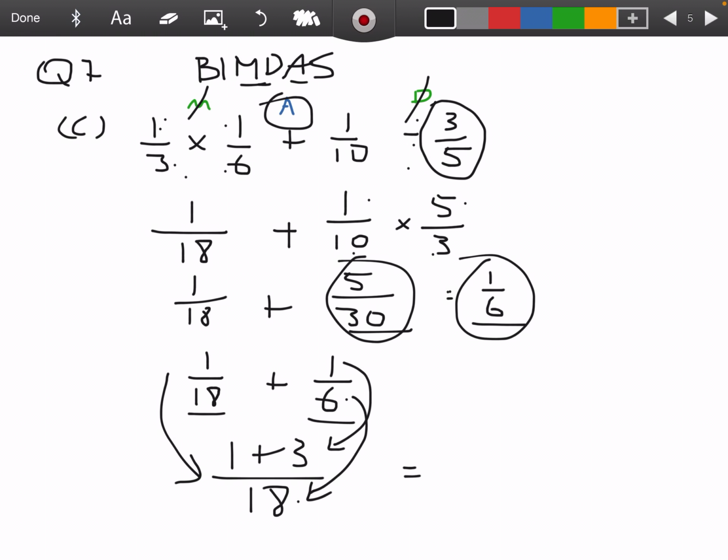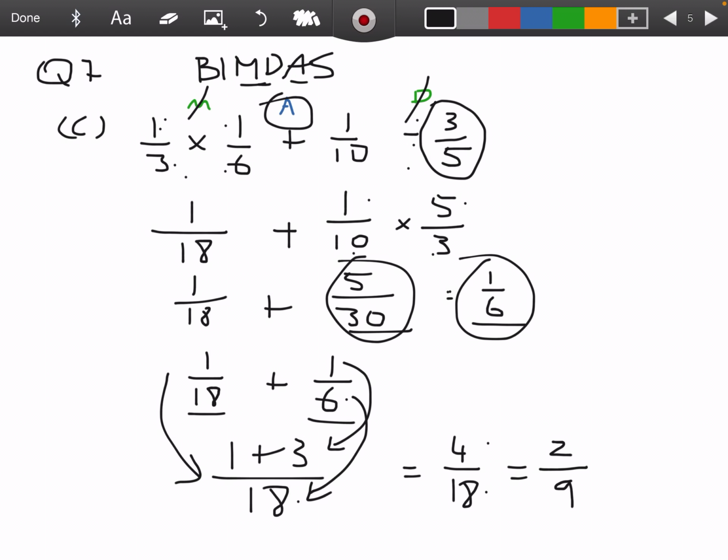And I end up with 4 over 18. And the last thing I want to do then is to simplify that as best I can. I've got 4 and I've got 18 there, both even numbers above and below the line. So I'll divide by 2. And that will give me 2 over 9, which is my simplified fraction.